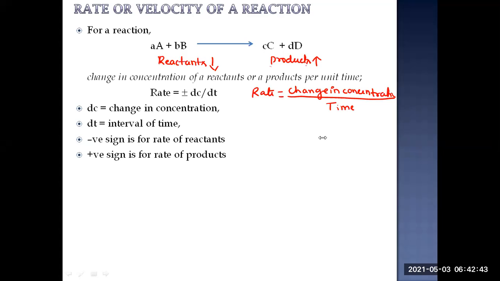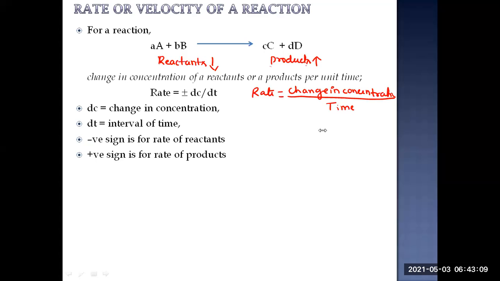The same reason, sir, the reactants are decreasing. Decreasing. Let it decrease. Why should we give a negative sign? Come on.